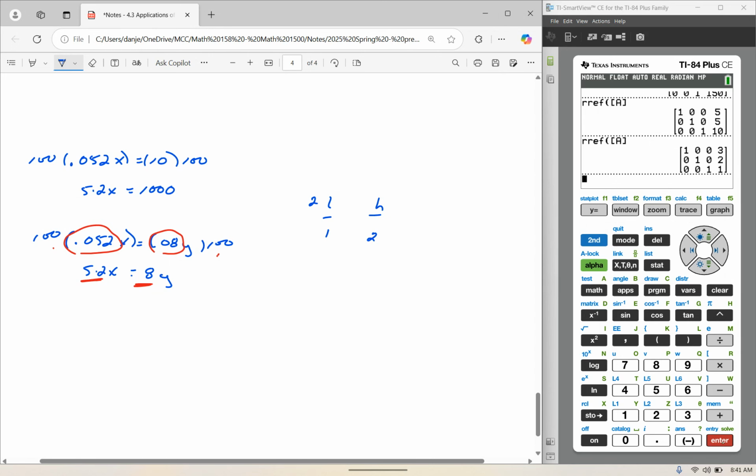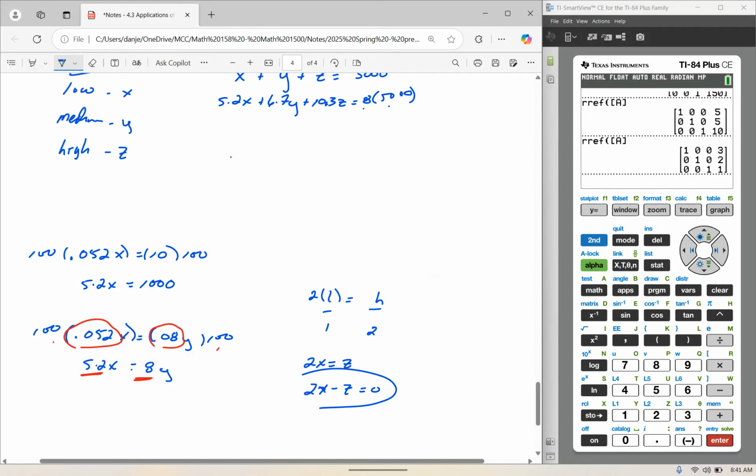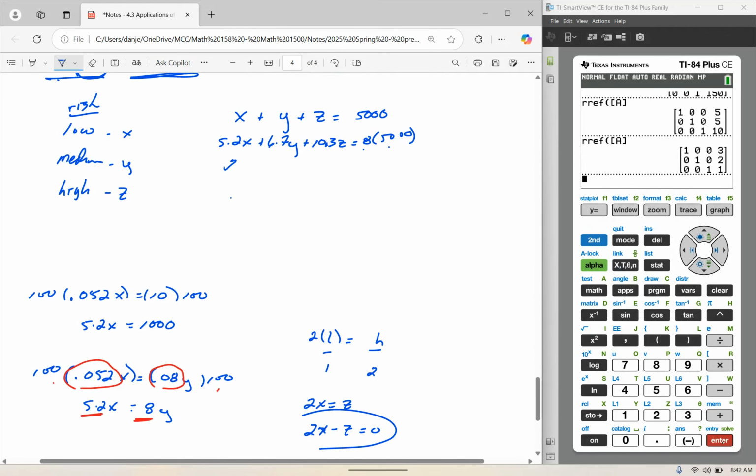I need to multiply the low risk by 2 to equal the high risk. So 2x equals z. If I subtract z from both sides, 2x minus z equals 0. This is the catch that a lot of people miss, so be careful with that. 2x minus z equals 0.